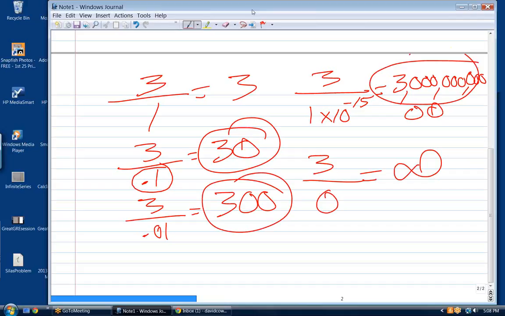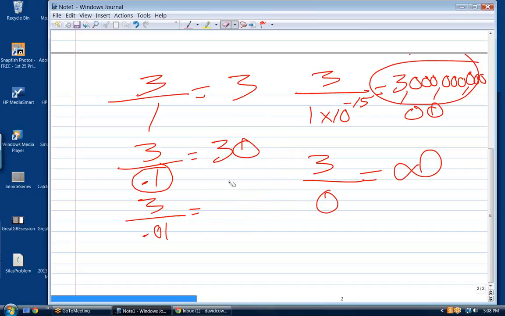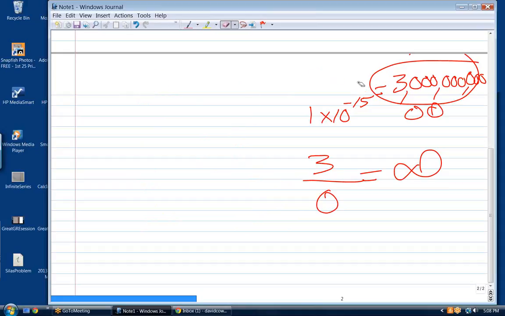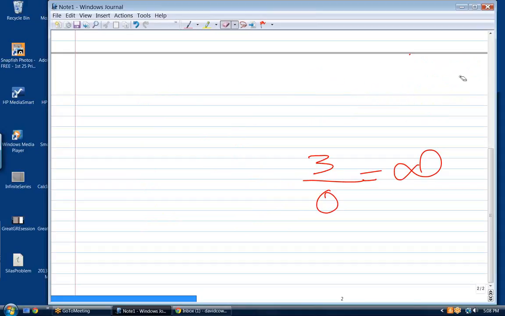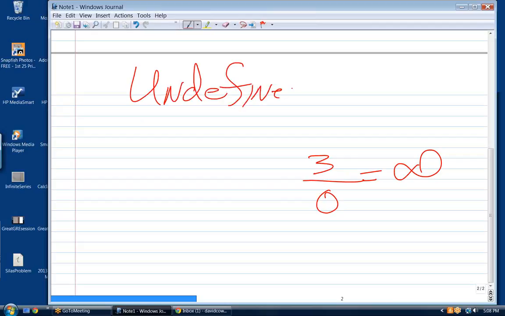Now scientists don't like to use the word infinity until you get to high school because it's not actually a number, it's a concept. It means large without bound. So instead of saying this is equal to infinity, they say it's undefined, which means the same thing as infinity.